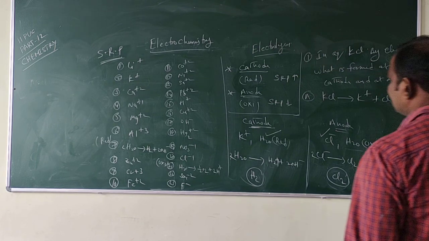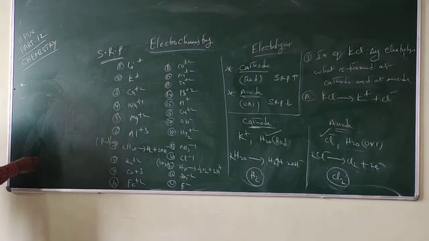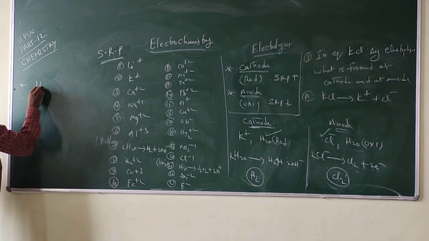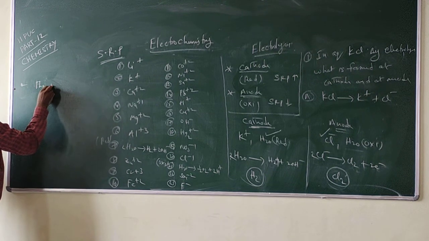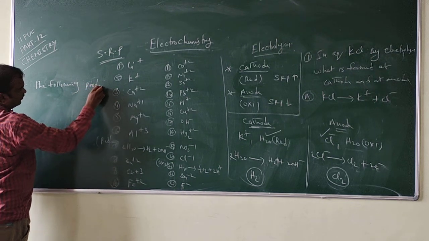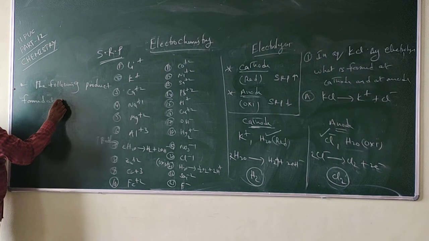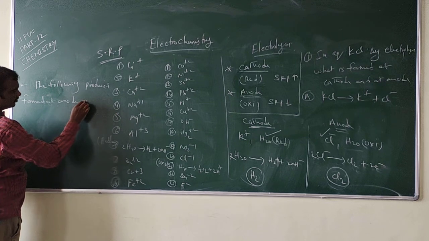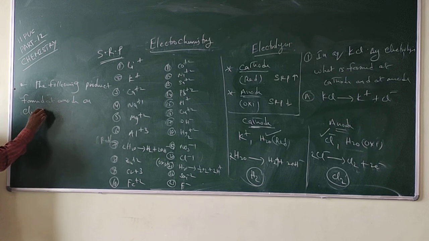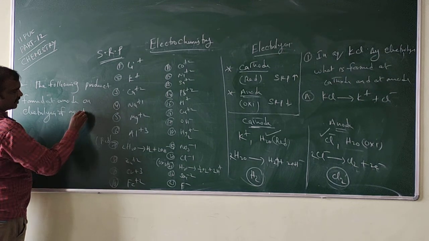See here, how the question will be asked in objective pattern: the following product is formed at anode on electrolysis of aqueous KCl.